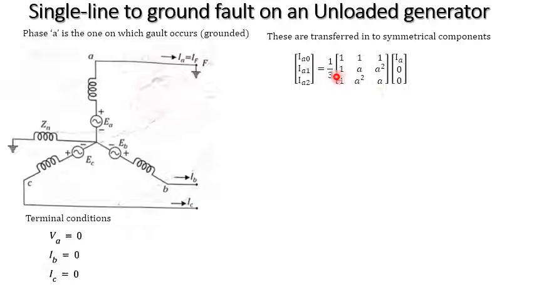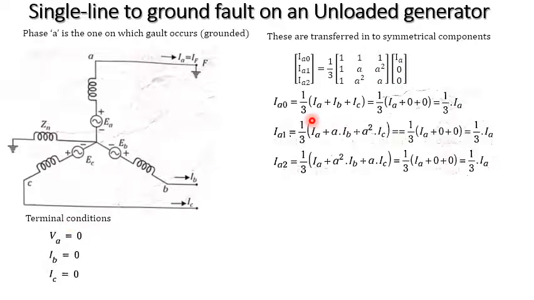We know the equation: IA0, IA1 and IA2, the symmetrical values of the current, are equal to 1 by 3 times the matrix [1 1 1; 1 a a²; 1 a² a] multiplied by IA, IB and IC, where IB and IC are 0 based on the terminal conditions.